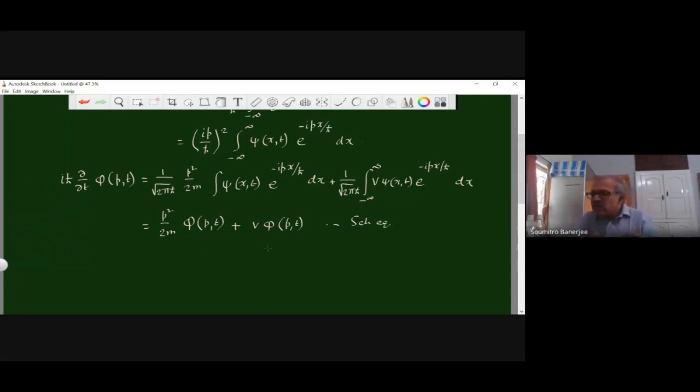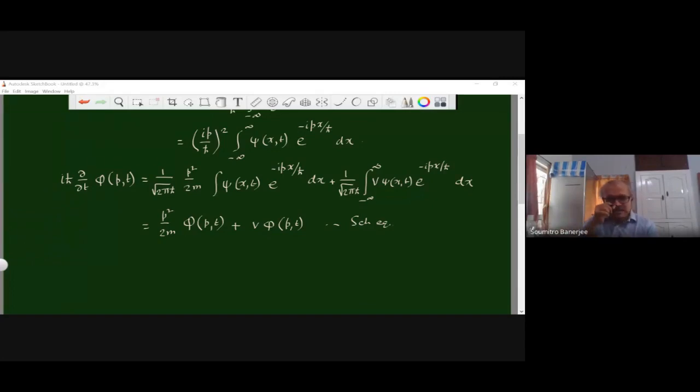Is there any quick question? No, probably we don't have time for questions today. If there's a quick question, we can answer. So the point is that whenever we have a situation where it is more convenient to work in the p domain, it's completely possible, instead of working in the x domain, to work in the p basis.